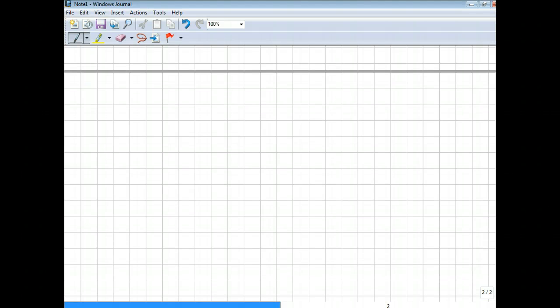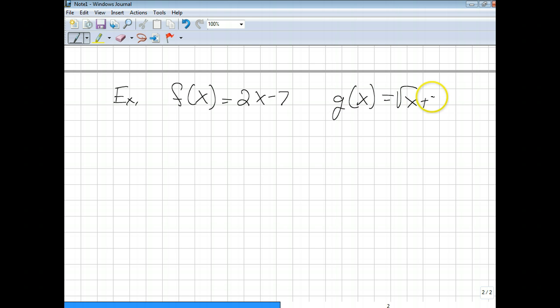So, example. If I have two functions, for instance, f of x equals 2x minus 7, and g of x equals square root x plus 3, and I want to find the composite function f of g of 16.